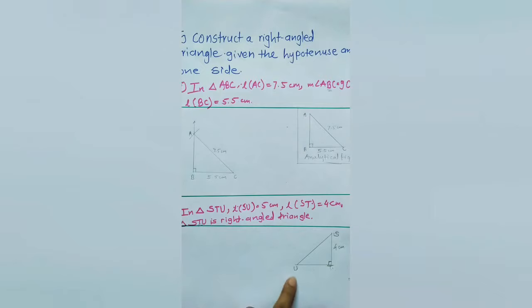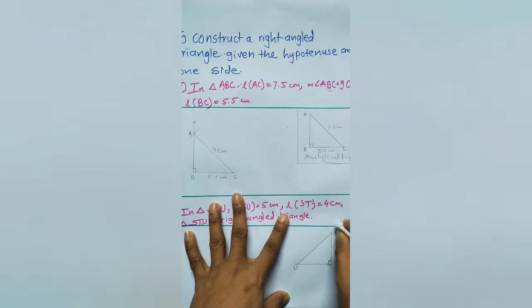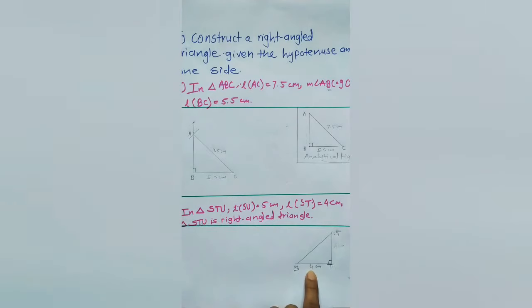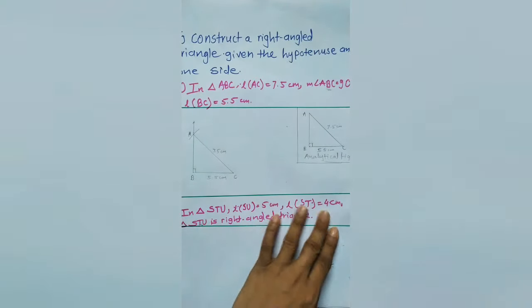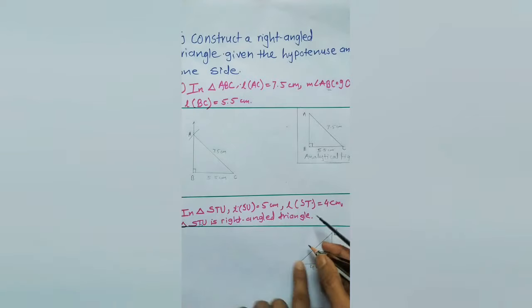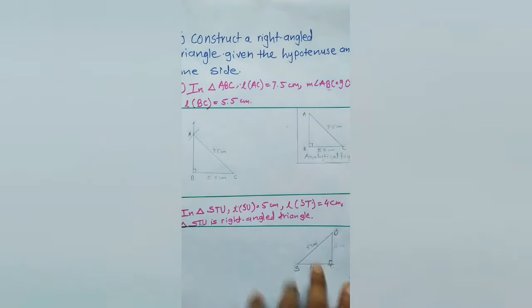So you should take ST at the bottom. That is why we put S and T here. So ST is 4 centimeter, because we cannot draw this figure if we do not know the base. So if we take this side as the base, this is ST and this is point U. So you get triangle STU. ST is the base, which is 4 centimeter. Now SU is opposite to the right angle, that is the hypotenuse, which is given to you as 5 centimeter. Now you can draw it easily.